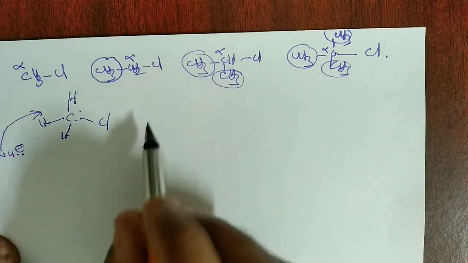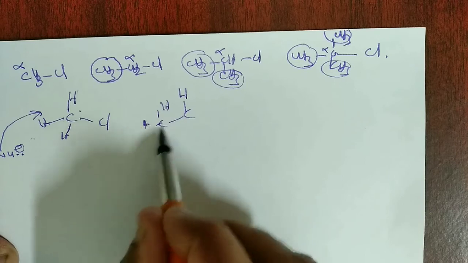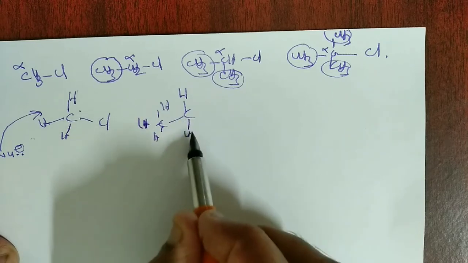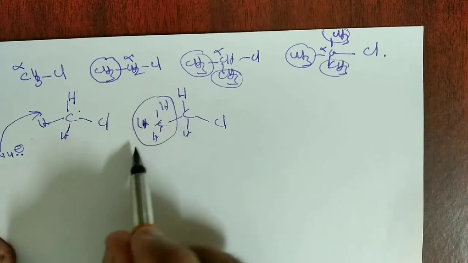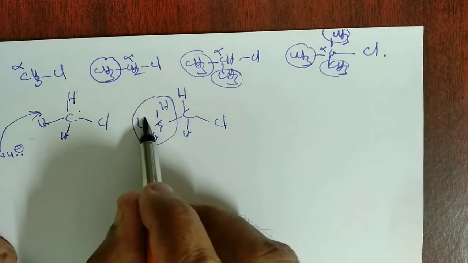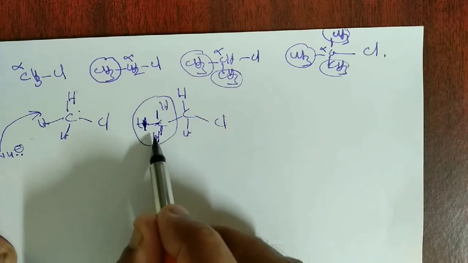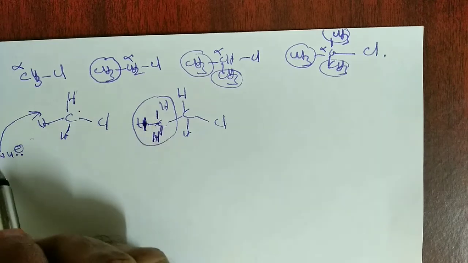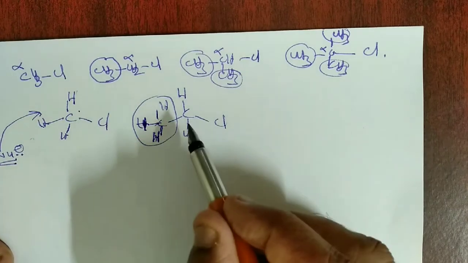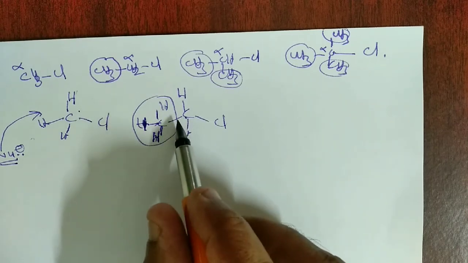If one of the hydrogen atoms is replaced by a bulky CH3 group, the approach of nucleophile from the rear side becomes difficult. The CH3 group will interfere or interact with the incoming nucleophile. So approach of nucleophile to this carbon atom becomes difficult, or it is sterically hindered.